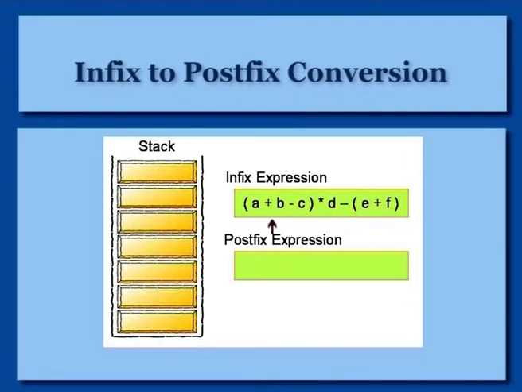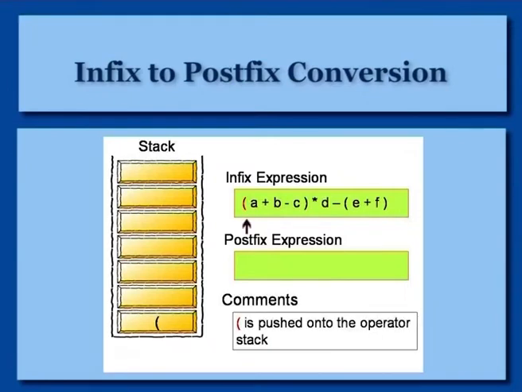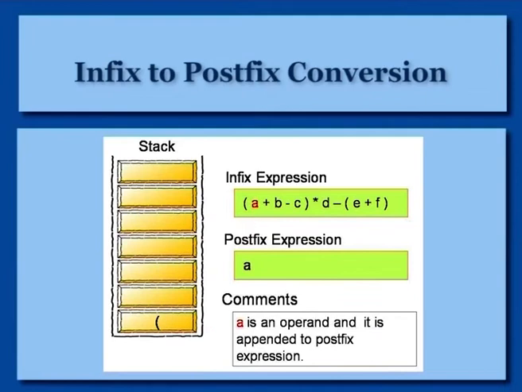We now scan the infix string character by character from left to right. First, the opening bracket is encountered and it is pushed onto the operator stack. The next character a is an operand and it is appended to the postfix string.